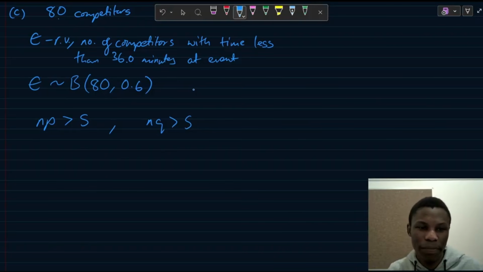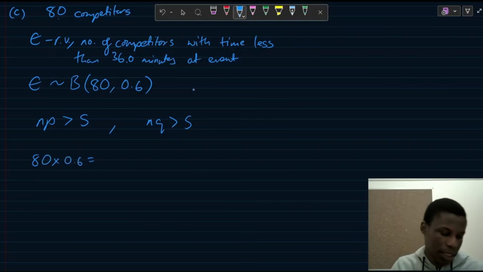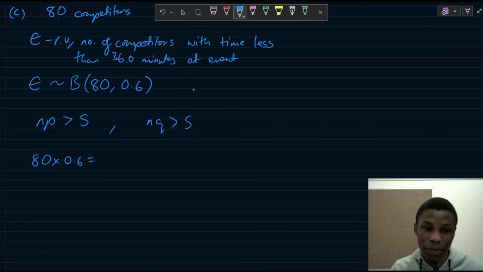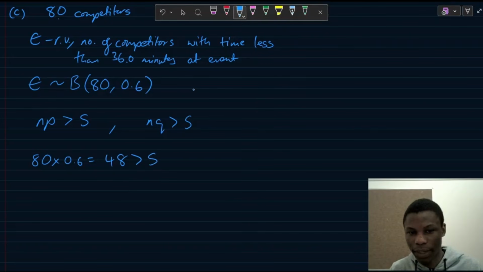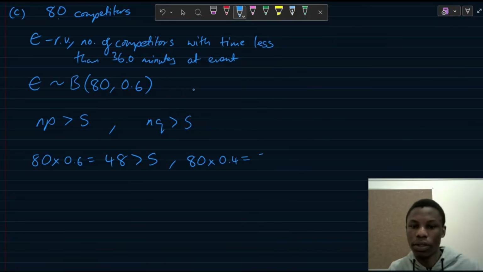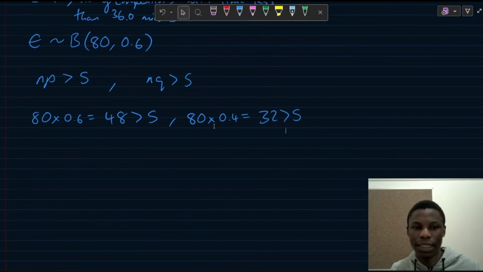So np is 80 times 0.6, which is 48, clearly greater than 5. And nq is 80 times 0.4, which is 32, also greater than 5. Since these conditions are met, this allows us to use a normal approximation to the binomial distribution.